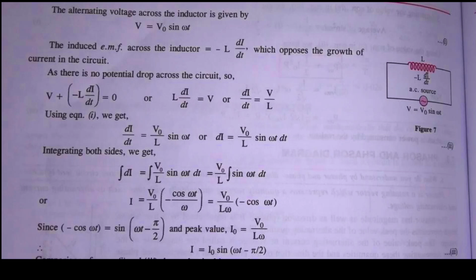Then apply the trigonometric function: we can change cos omega t into sine omega t minus pi by 2, and V naught divided by L omega is equal to I naught, which is called the peak value. Hence our equation is modified into I is equal to I naught sine omega t minus pi by 2.